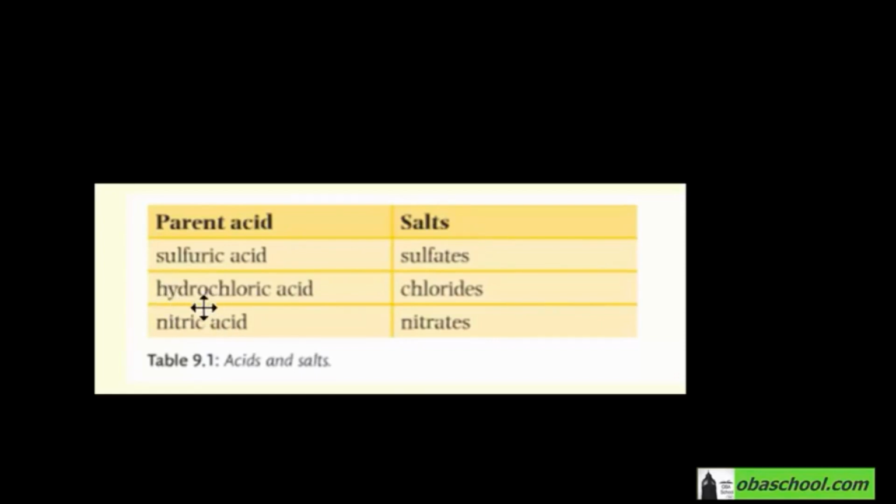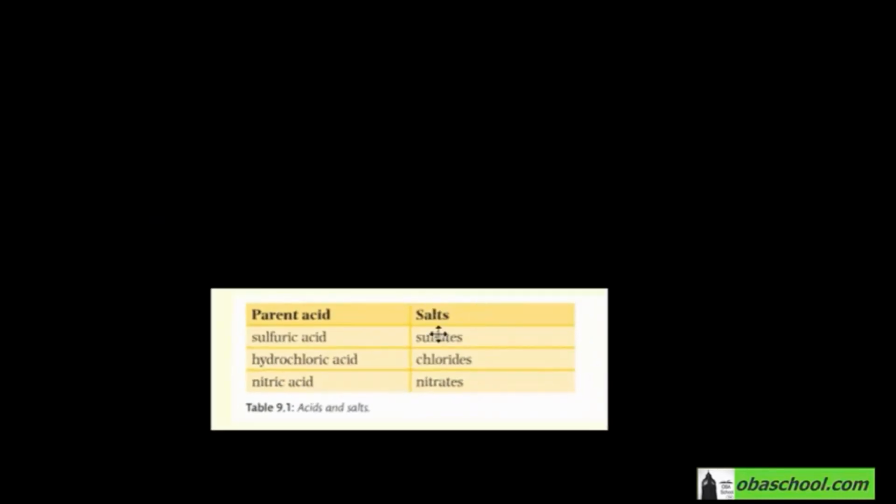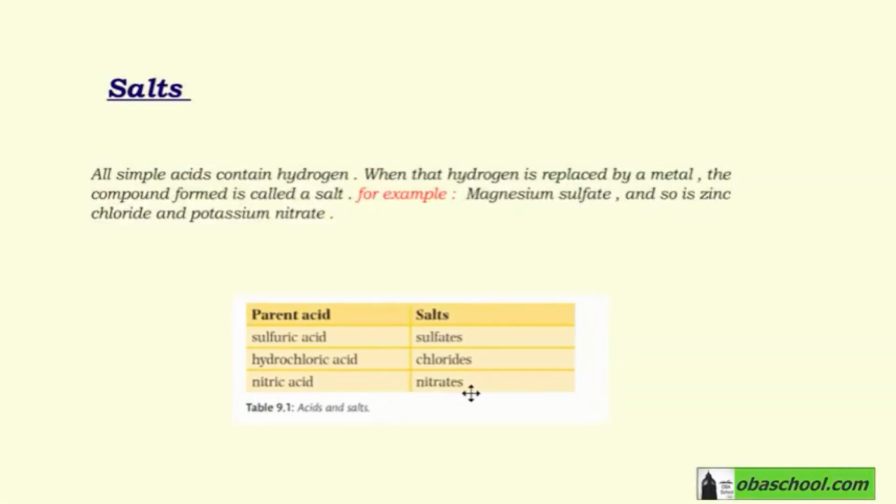Next, we have hydrochloric acid. The salts produced are chlorides. For example, zinc chloride. And lastly, we have nitric acid, and the salts produced are nitrates. For example, potassium nitrate.